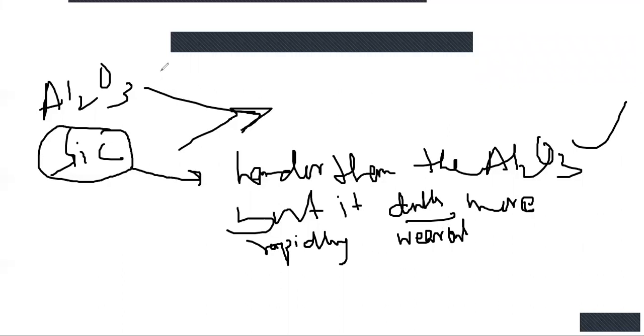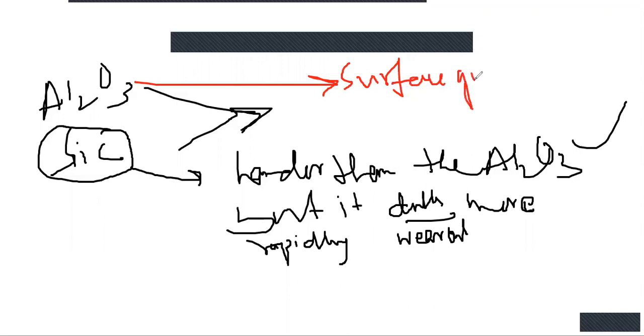Generally, aluminum oxide is used for surface grinding. Surface grinding of which material? Steel, bronze.